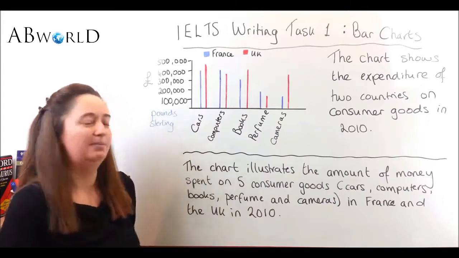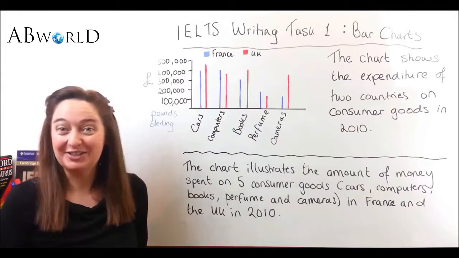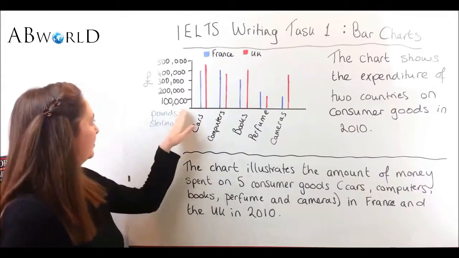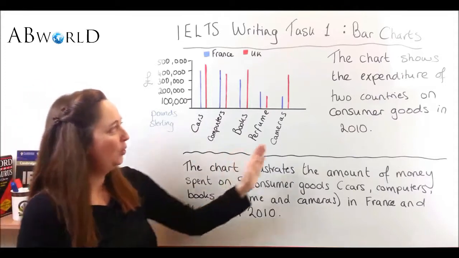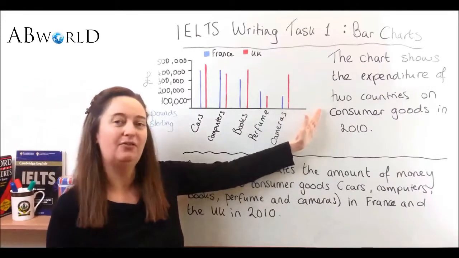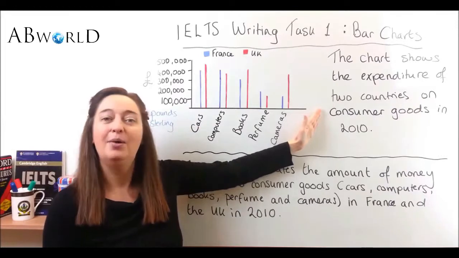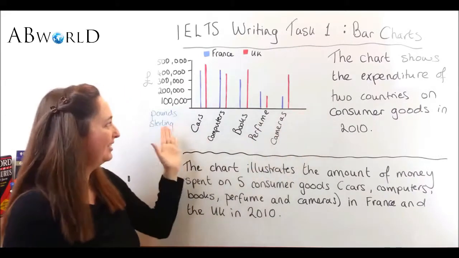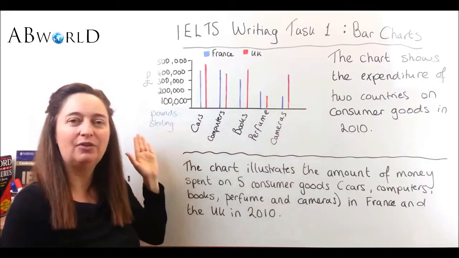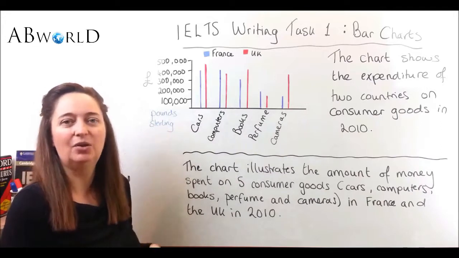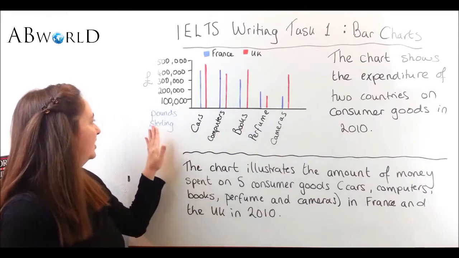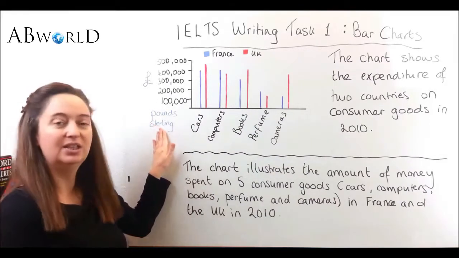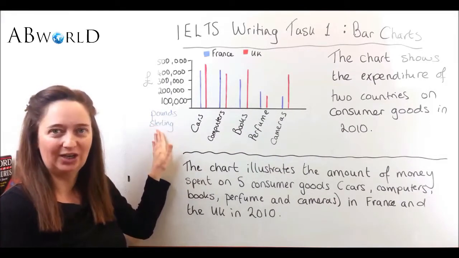Is there anything missing? Yes. You can see down the side here that we've got some extra information. So, of course, we want to paraphrase the information given by IELTS, but we also want to look at the chart to see if there is any other information that we want to introduce. And of course, here we've got that all money is measured in pounds sterling.